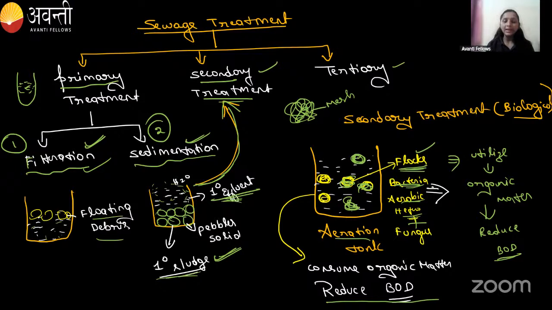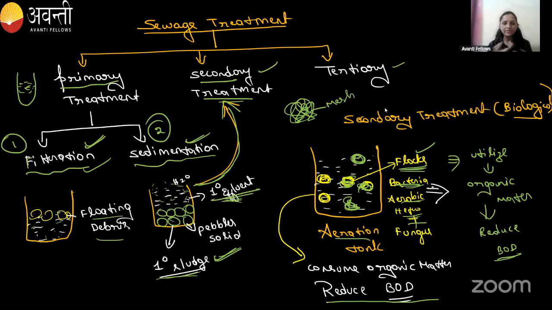It is breaking down all the organic matter and eating like anything. It is eating and taking oxygen, eating and taking oxygen. Obviously, what will happen, guys? So it will decrease the organic material present in that water, making it less polluting.